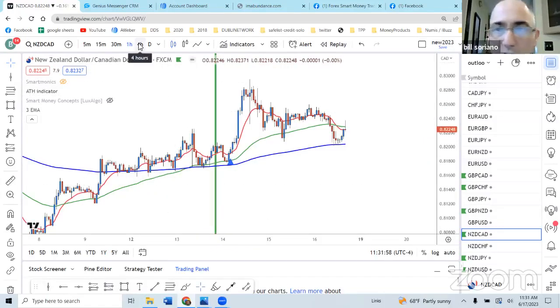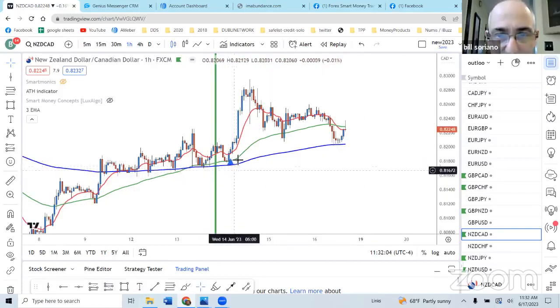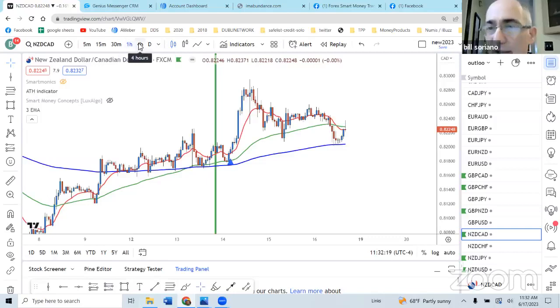We don't have to go to the 4-hour to check it. Our indicator already lets us know, and our indicator then will only paint this ATH indicator signal here if that's the case. The 13 and the 62 have to be aligned on the chart you're on, plus your trend chart, which in this case, I use the 1 hour for the trigger and the 4-hour for the trend.